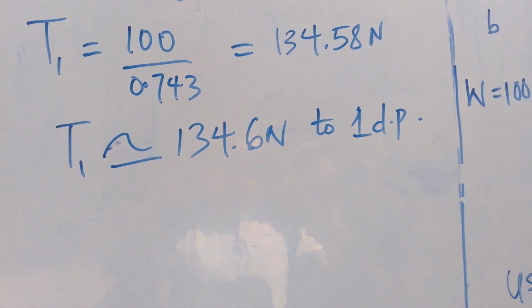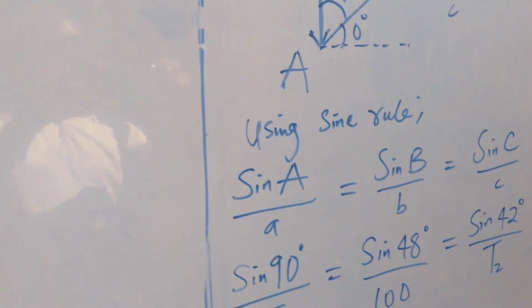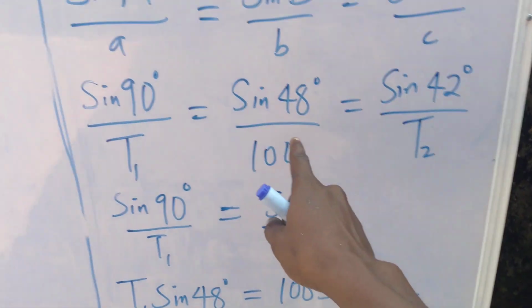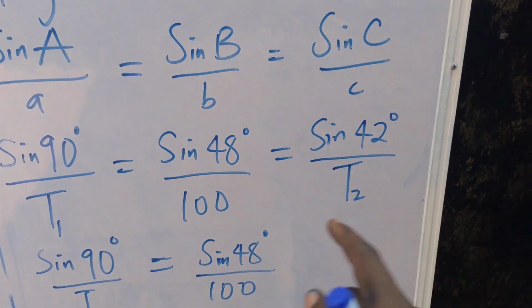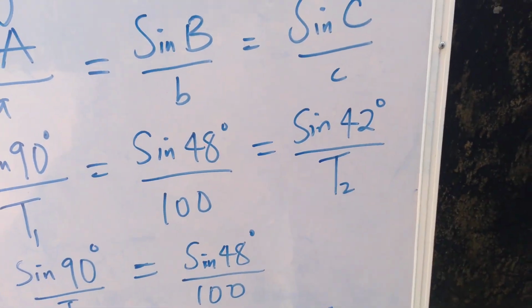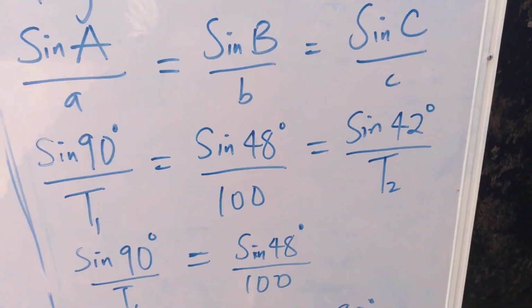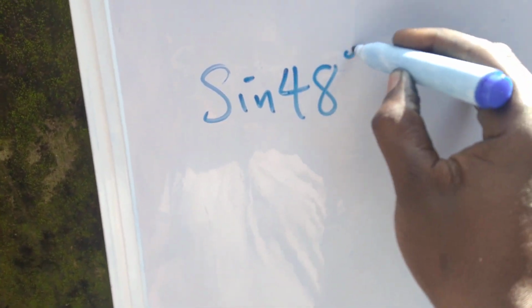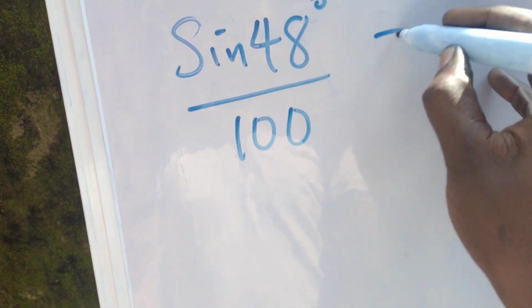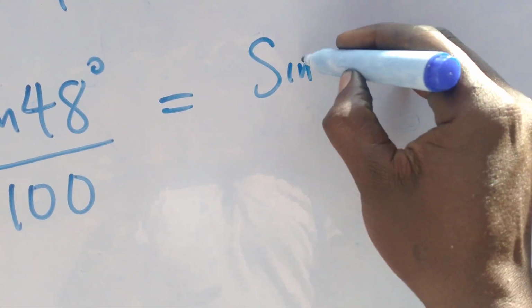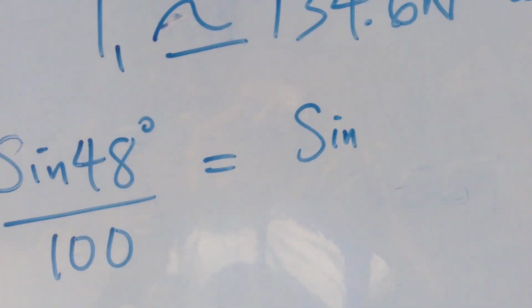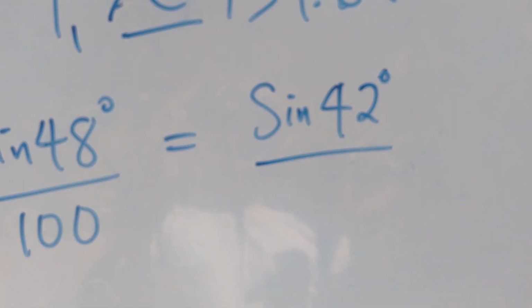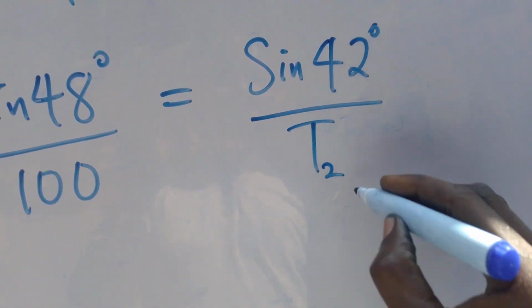Alright, now let's get that of T2. We'll come back again to this equation and compare this to this one. That will be sine 48 over 100 equal to sine 42 degrees over T2.